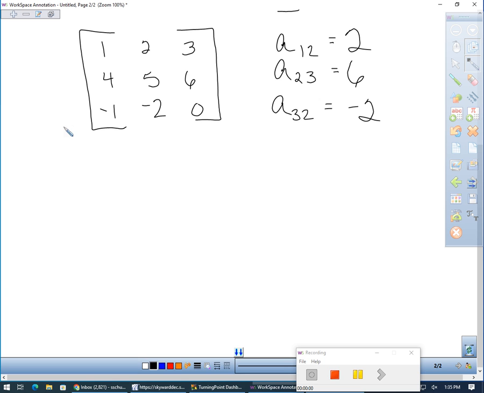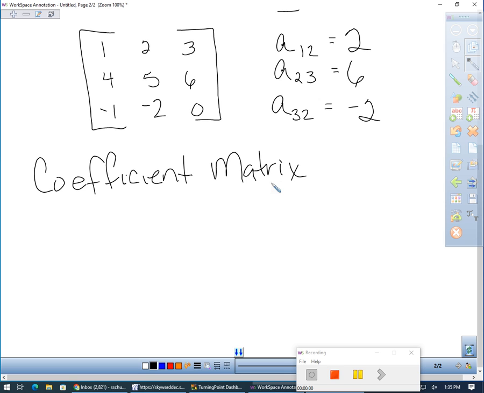Now, you can do what we call a coefficient matrix. A coefficient matrix just means when I have a system, I'm going to take the numbers from the system and put it into a matrix. So, let's say I have the system 3x plus 2y equals 6 and 4x minus y equals 5.